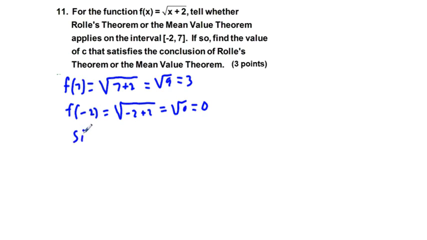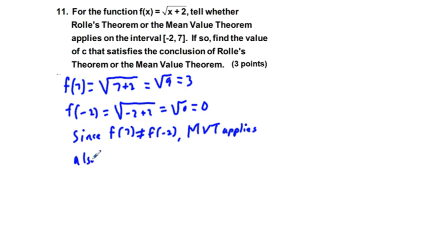Since f of 7 is not equal to f of -2, the mean value theorem applies. Rolle's theorem would only apply if these were the same. Also, the function is continuous between -2 and 7.